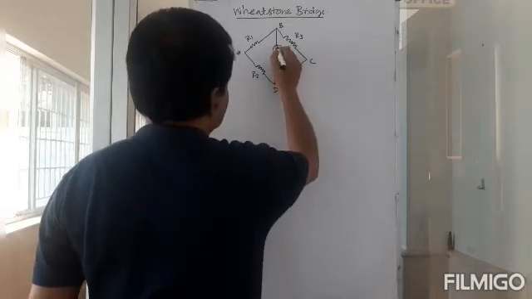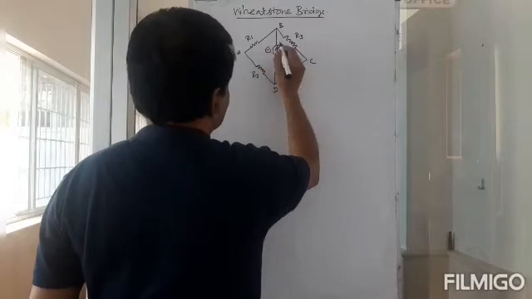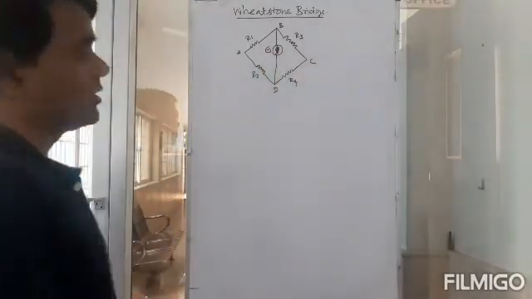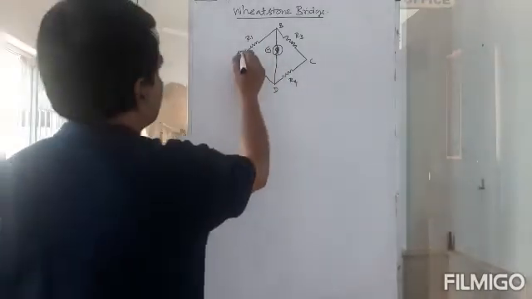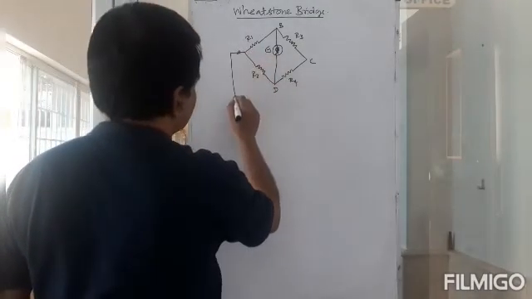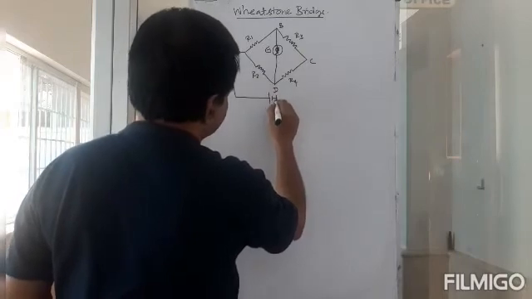The galvanometer will also have its own resistance. This is G right there. So this is actually the Wheatstone Bridge, and I connect it to a battery.